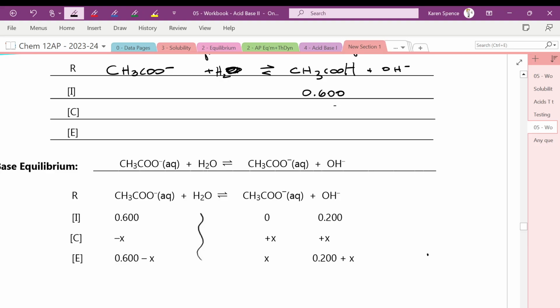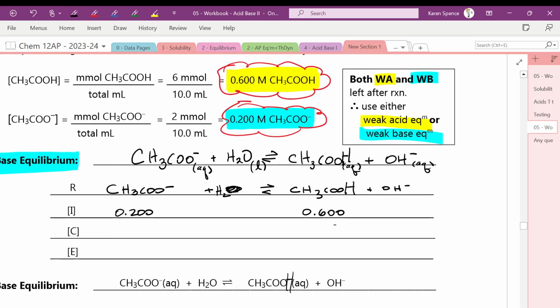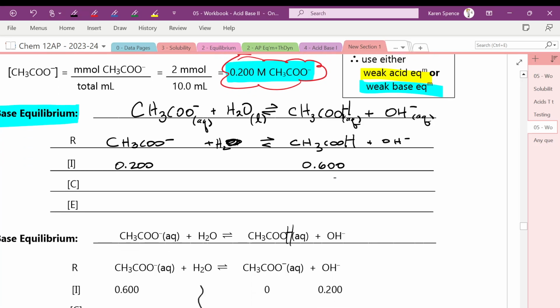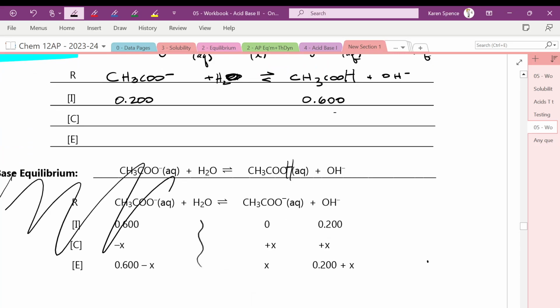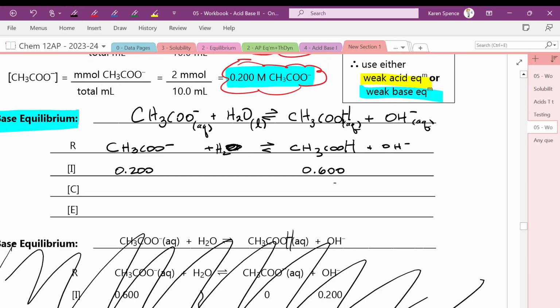Oh, and look, I made the same mistake here. Oh, you know what? Let's go with this one up here because it's going to be better. Yeah, if you can just go like this, because it's not right. Okay, so ignore that.